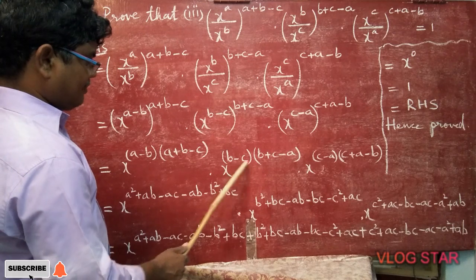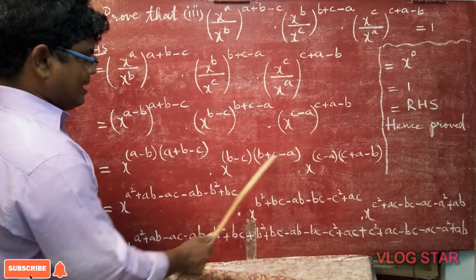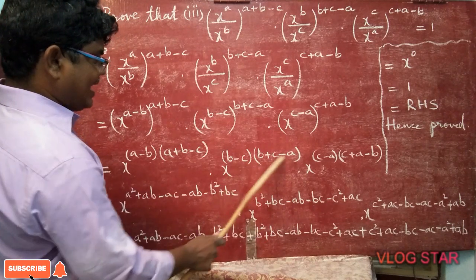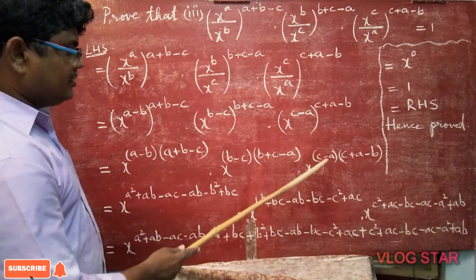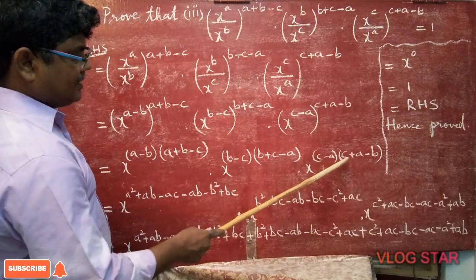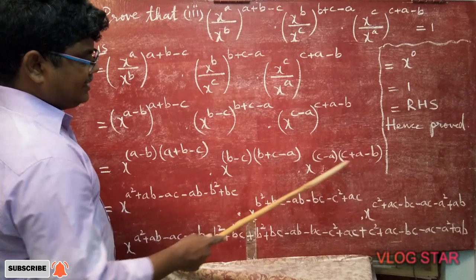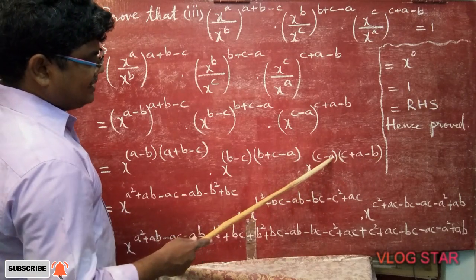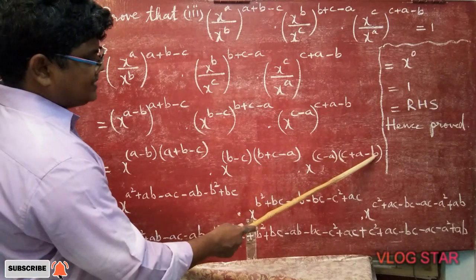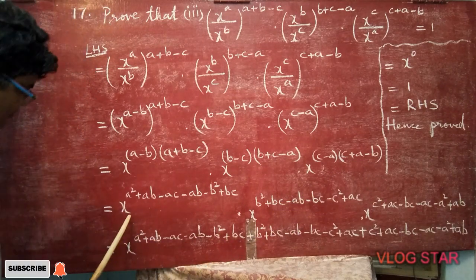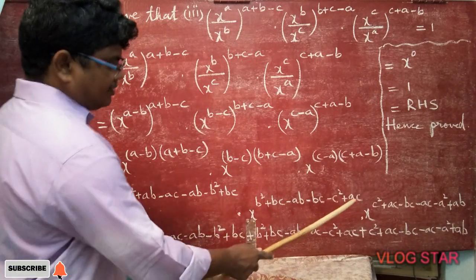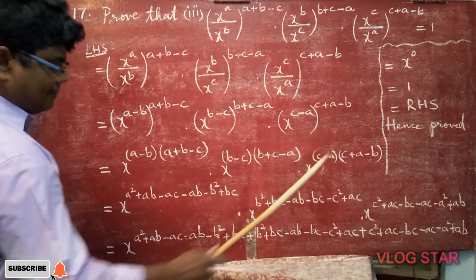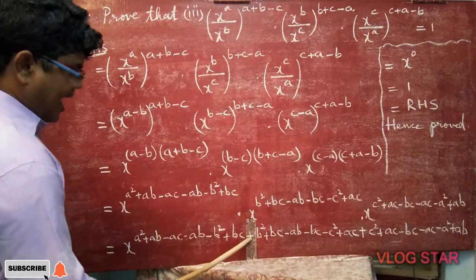With minus c you multiply minus bc minus c square plus ab plus ac. Next coming to, with c you multiply c square plus ac minus bc, with minus a minus ac minus a square plus ab. Now it is in the form of a power m into a power n into a power p, a power m plus n plus p. For every power you add.